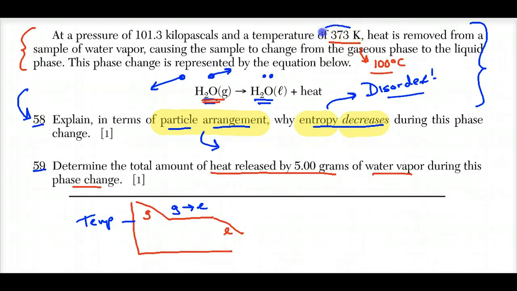That's what they're alluding to here at 373 K, and we know that's really 100 degrees Celsius. Water boils at 100. And they're telling us the pressure, because we know that water can boil at all different temperatures. That would be a really interesting question if they gave you a different arrangement. But of course, they're giving you standard pressure. Water boils at 100, so they're giving you the hints.